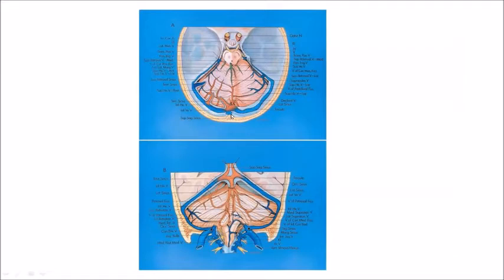Here we can see the superior hemispheric and superior vermian veins draining into the vein of Galen. This is the schematic diagram of the suboccipital surface in which the inferior hemispheric veins and inferior vermian veins can be observed.